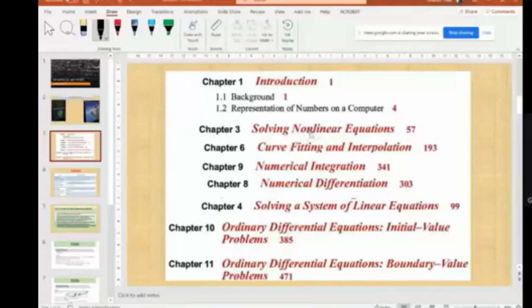Let's go. Nonlinear equation. What about curve fitting? Let's explain something about every subject here. We talked about nonlinear. Curve fitting, what is the meaning of curve fitting?